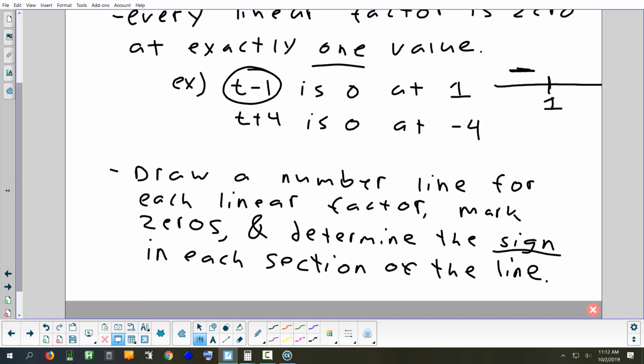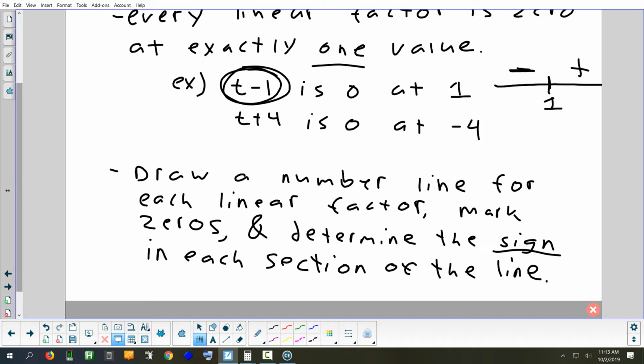Doesn't matter. Pick anything you want bigger than 1. If you plug in 2 into that, what kind of number would you get? Positive. So what we've just done is we made a sign pattern. And that is going to help you to solve quadratic inequalities.